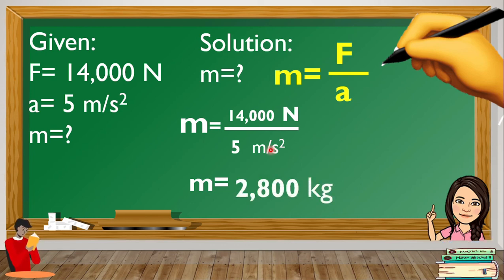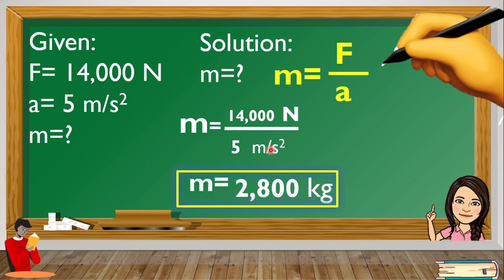So the mass of the truck is equal to 2,800 kilograms. Again, do not forget to write the unit. The unit of the variable or the mass is kilograms.